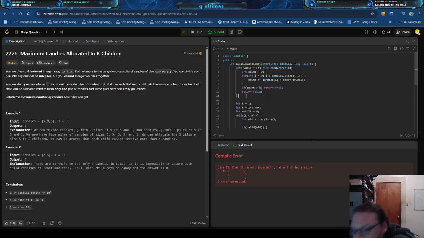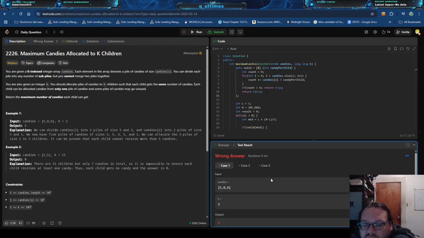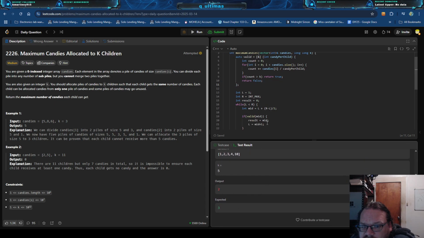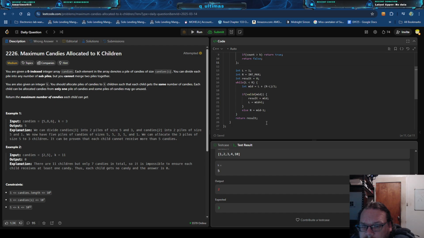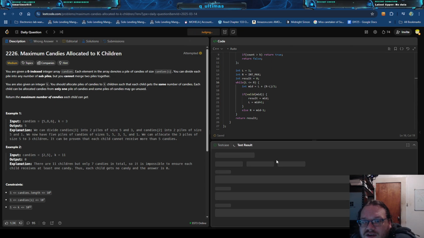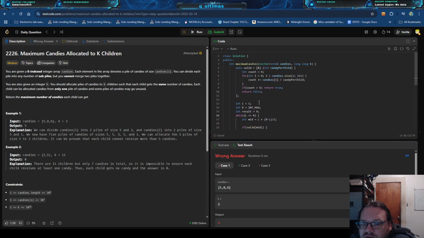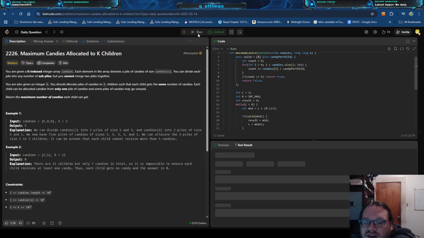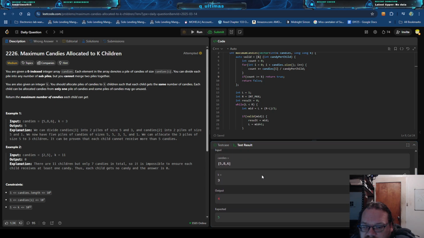Oh, semicolon. Oh, I'm getting off by ones. If valid. Oh, my binary searches are always broken. Oh, wait. Hold on. If count is greater than or equal to K. Oh, wait. Same issue.